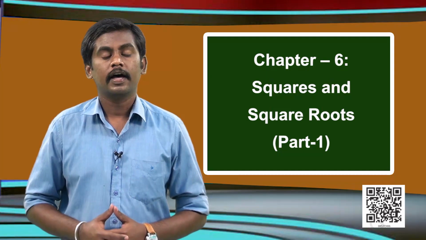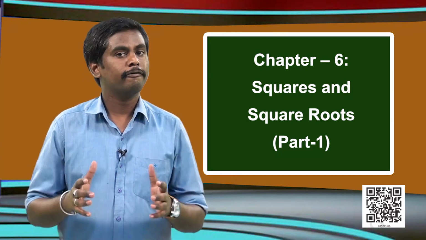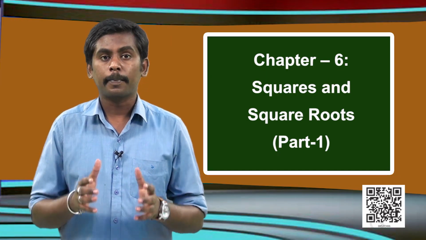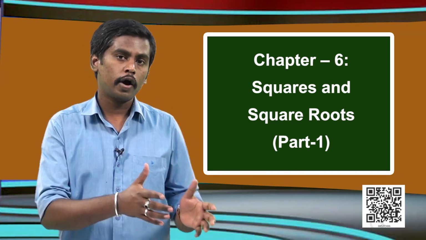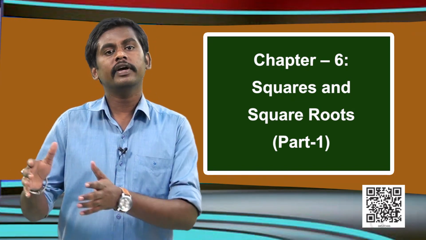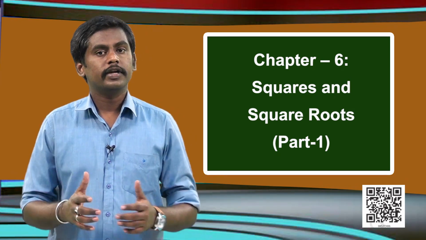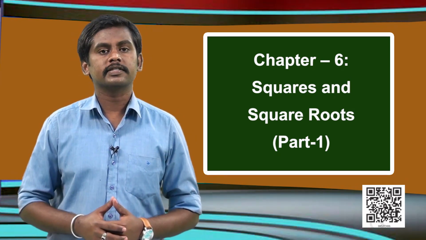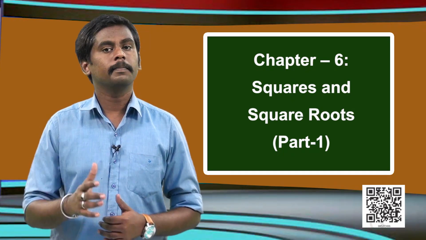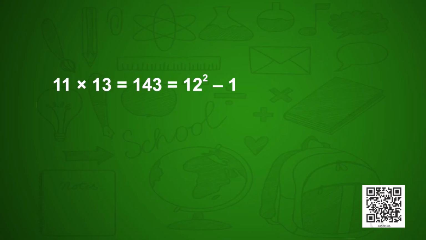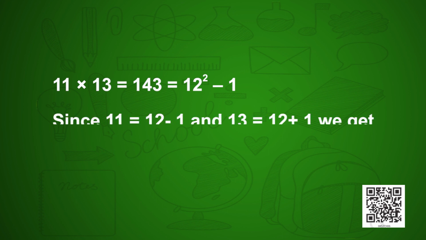Well students, now let us try to observe a final pattern based on the product of two consecutive odd integers or consecutive even integers. Students, observe the following products and let us try to find the pattern based on them. Observe the product of 11 and 13. So, 11 times 13 is equal to 143, which we can write as 12 square minus 1.